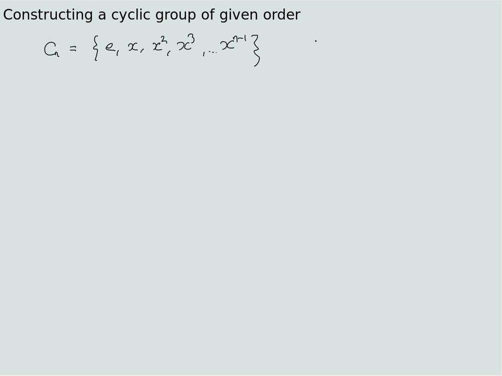And the way we define our group operation is, well, we define x to the i times x to the j to be equal to x to the i plus j, except that we treat the exponents here as if they're integers modulo n. In other words, we replace i plus j here by its remainder on division by n.